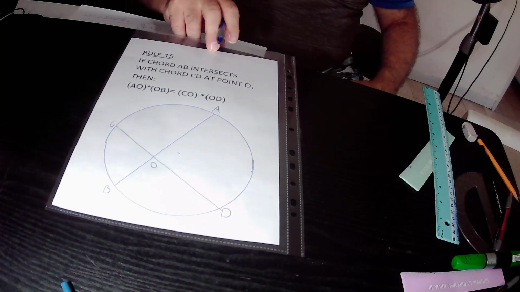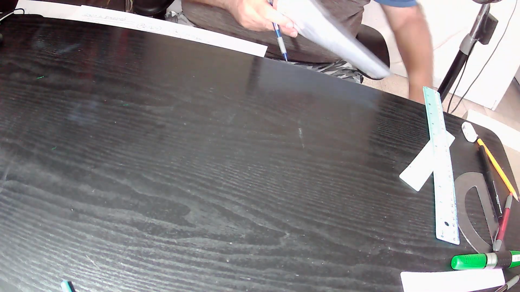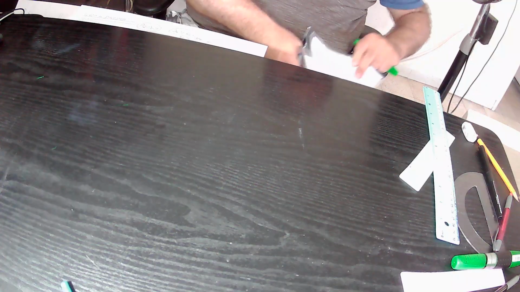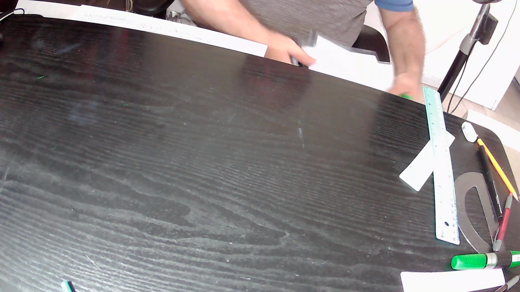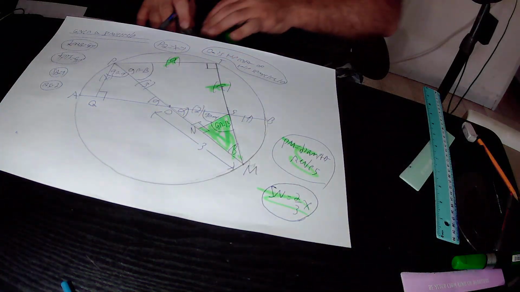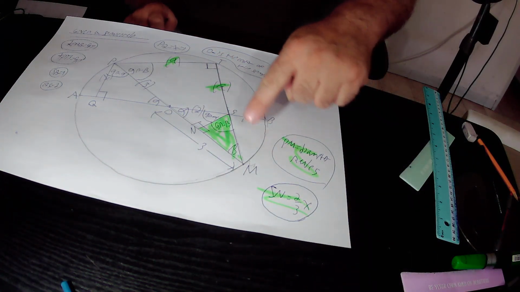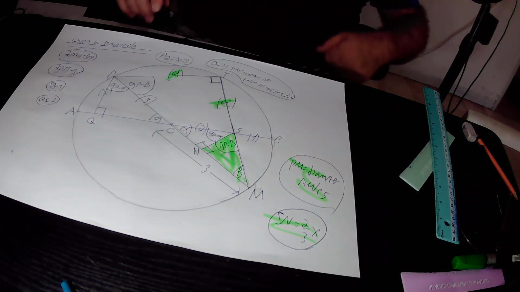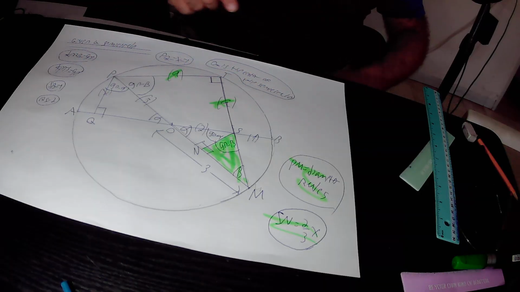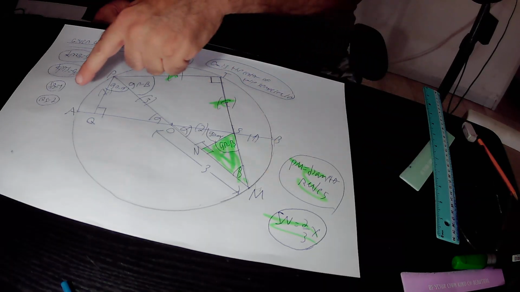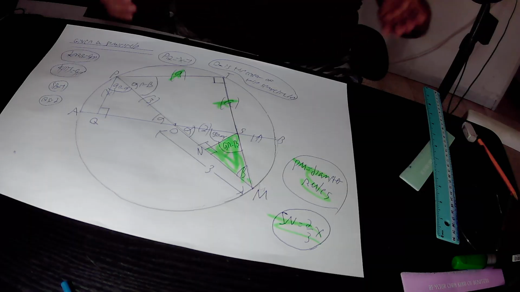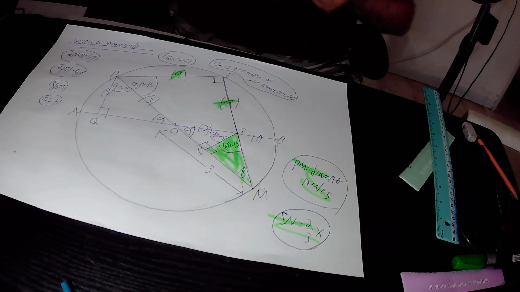So we can actually implement rule 15 in our drawing. Why? Because in our drawing, we have chord TM that intersects with chord AB at point S. So all the requirements of rule 15 are satisfied, and therefore we can implement rule 15 in our drawing.